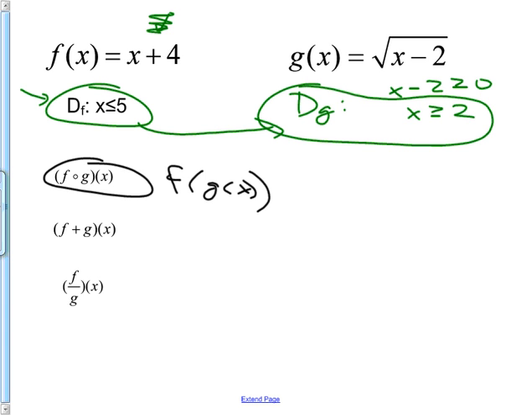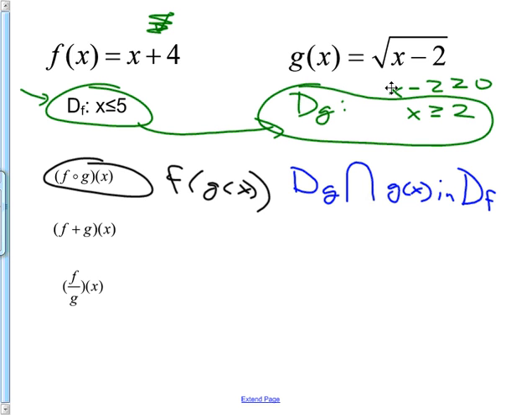Okay, hopefully you wrote it. For this kind, you would go domain of g intersected with g of x in the domain of f. Raise your hand if you had it right on your paper. Good. And you have a decent chance at this.